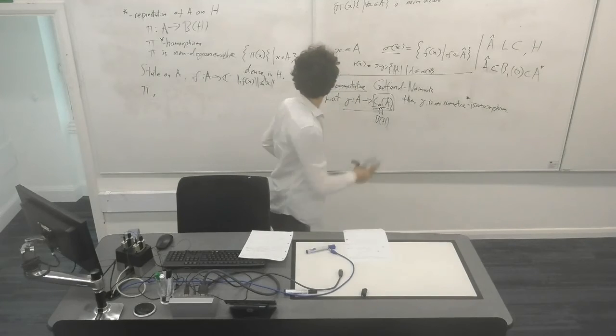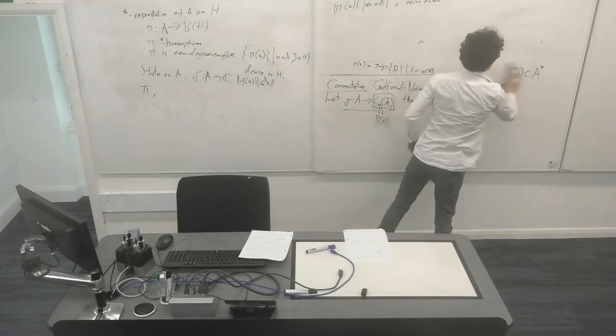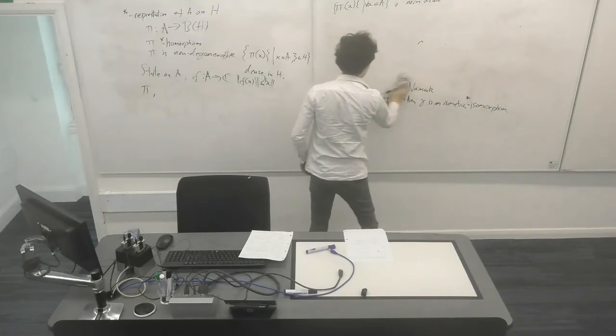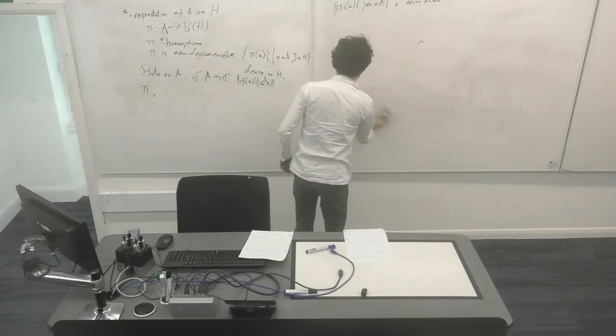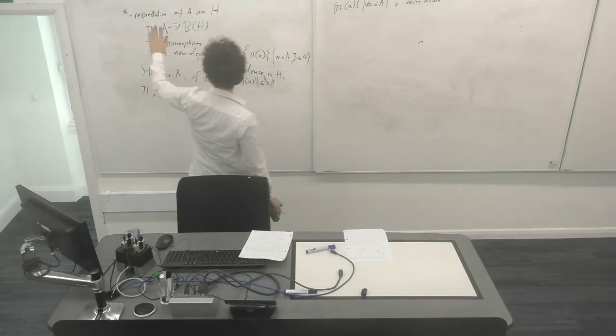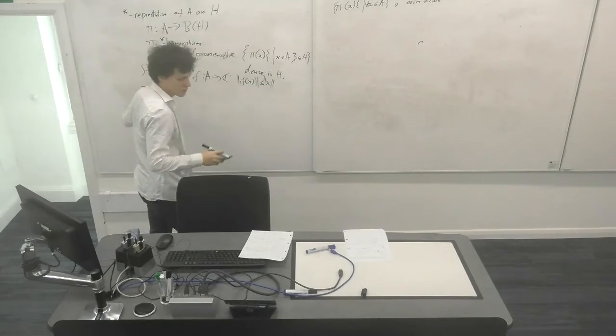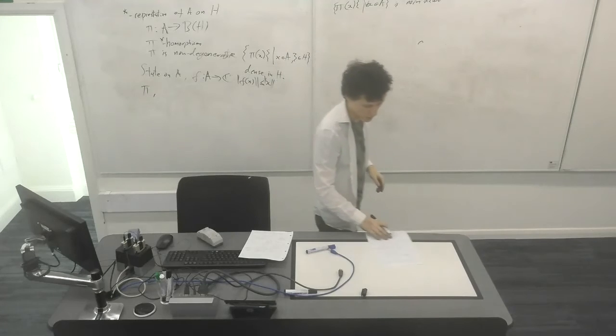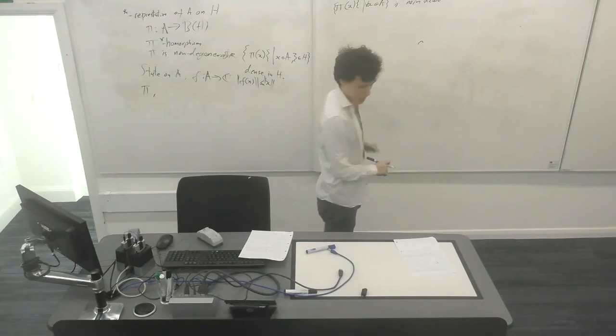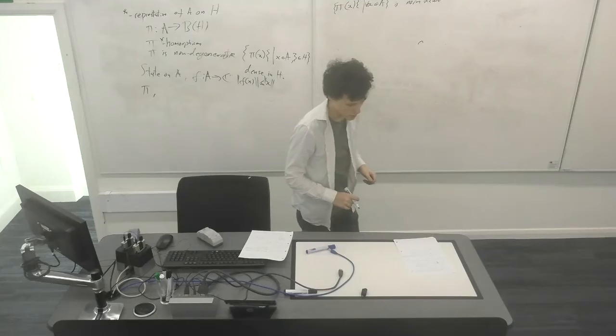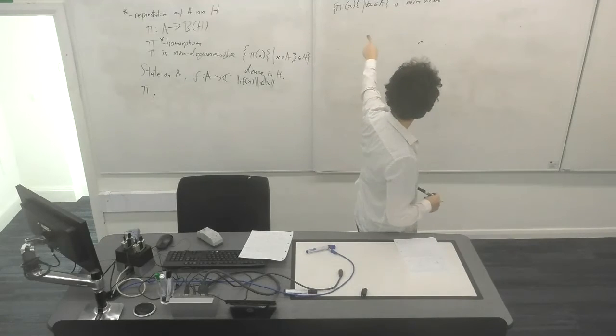Now, I said something about a representation and states. Pi is a representation, and take psi to be a cyclic vector.